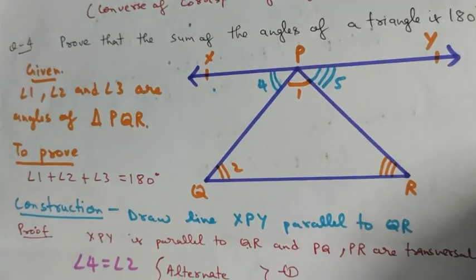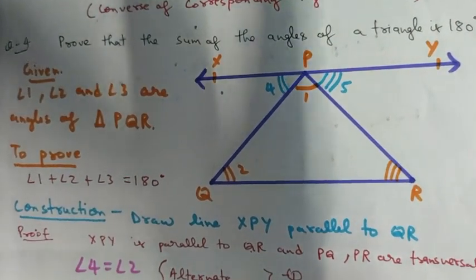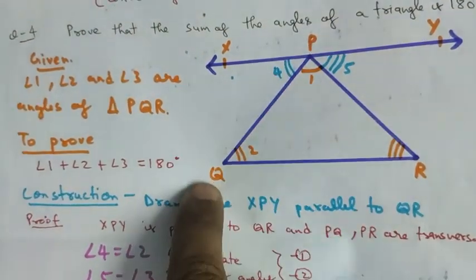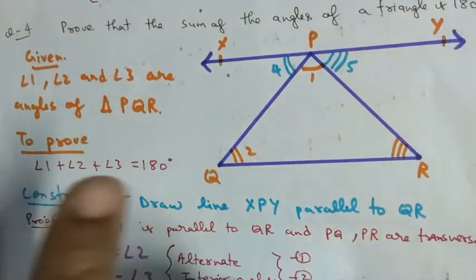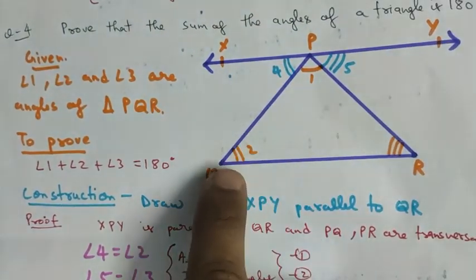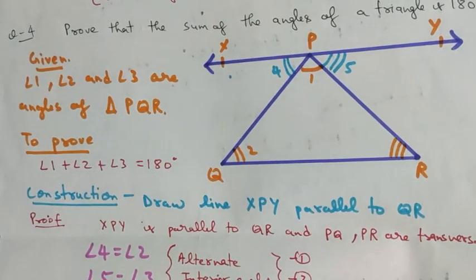Now we will move to question number 4. Prove that the sum of the angles of a triangle is 180 degrees. Very simple. It is given that we have drawn a triangle PQR, and suppose we have taken angle P as 1, angle Q as 2, and angle R as 3.